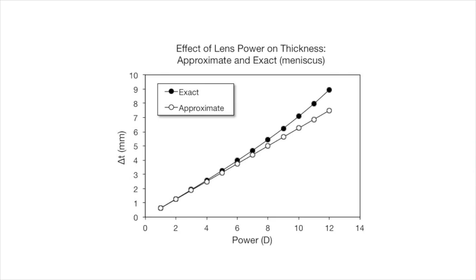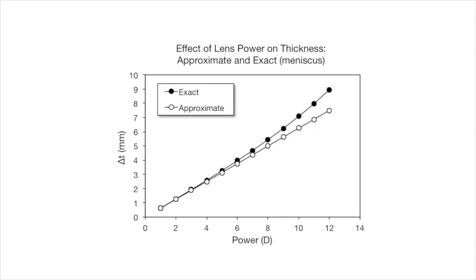And if we have a plus lens, it means that the center is going to be about 6 millimeters or more thicker than the edge. So this is delta t, but this graph applies to both plus and minus lenses.